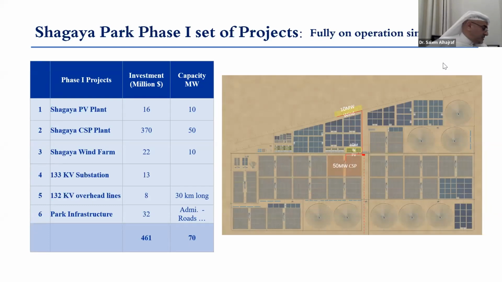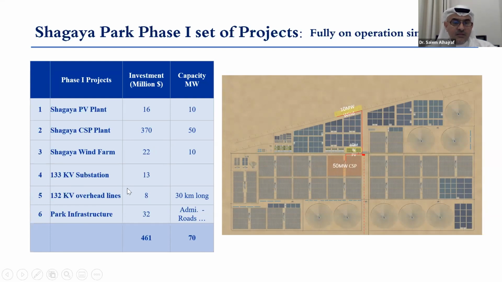Phase one is completed totally, and it has been in full operation since 2018. It consists of 6 projects. The first 3 projects are related to power plants, and the last 3 projects are related to supporting projects like overhead line, substation, and infrastructure such as roads, administration buildings, and others.